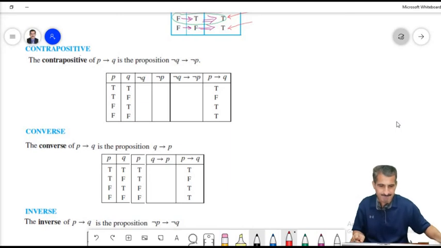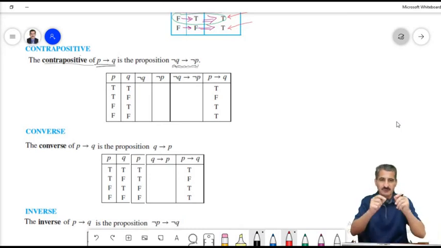Given the conditional statement P gives Q, the contrapositive of P gives Q is not Q gives not P. So what we do: we swap the places of P and Q, and we negate both of them. Then we get the contrapositive. This is called the contrapositive.